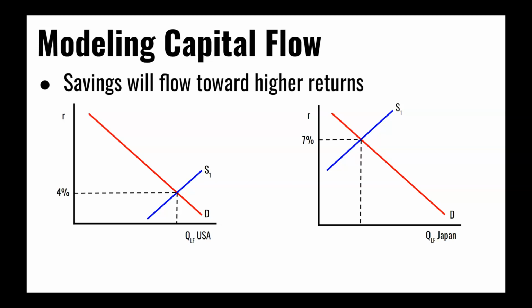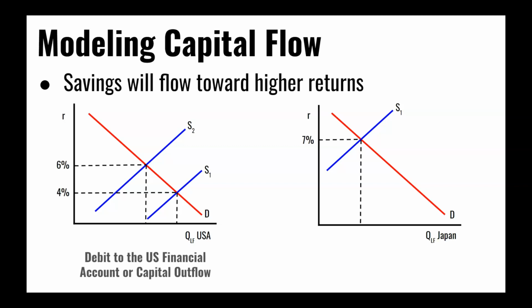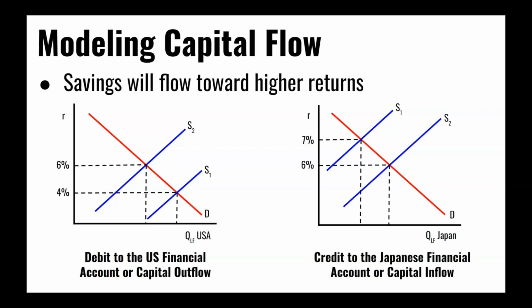And so what that would mean is that investors in the United States would take their money out of the banking system, away from loanable funds in the United States. And when they do that, the supply of loanable funds will shift to the left in the United States, causing an increase in the real interest rate. And as a result of pulling their money out of the United States, they're going to place it into Japanese loans, which is going to cause the supply of loanable funds in Japan to shift to the right, causing the real interest rate in Japan to drop.